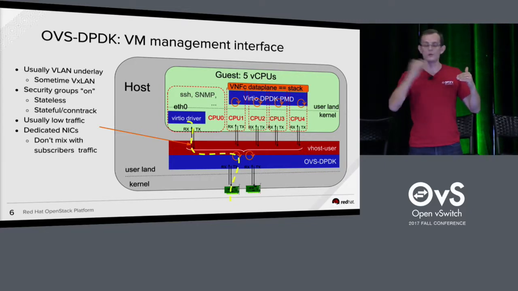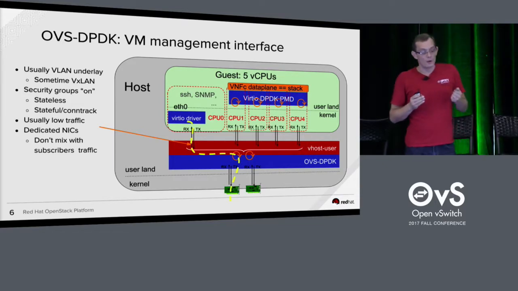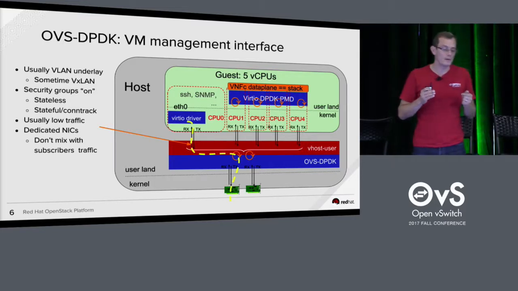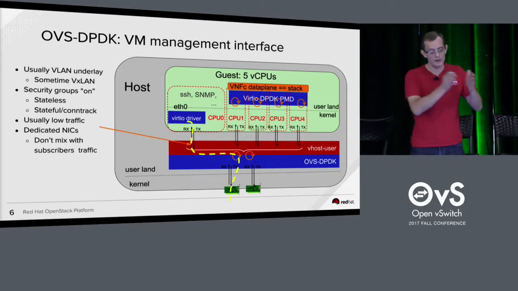You have to go full OVS-DPDK because you just have one integration bridge where all the VM ports are plugged. So no choice. Usually people use VLAN for the traffic segmentation. Sometimes they use VXLAN, but most of the time it's VLAN. Security groups are expected to be turned on, either stateless, but they prefer stateful. Low traffic, and usually they come on a dedicated NIC because they don't want to mix user traffic and management traffic.